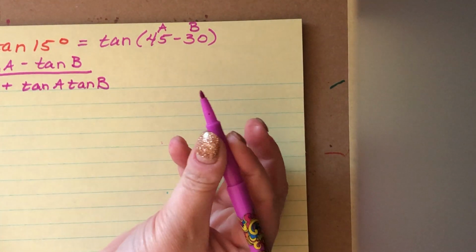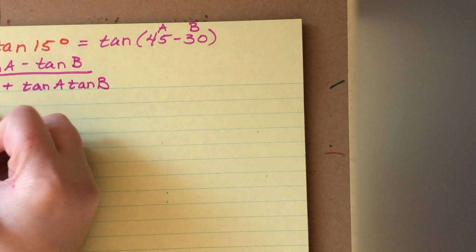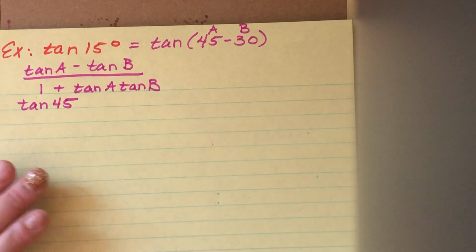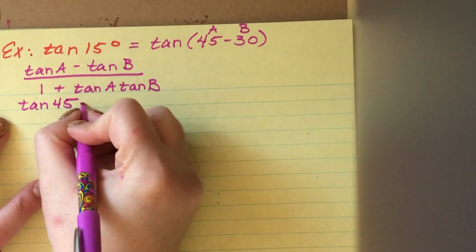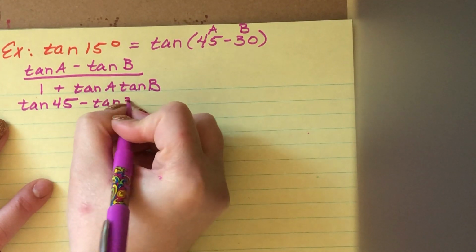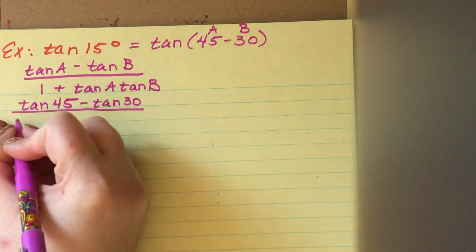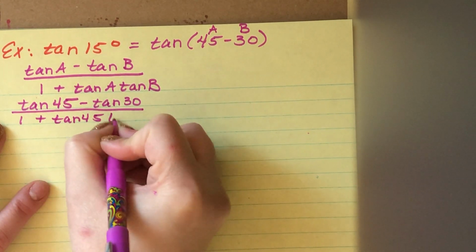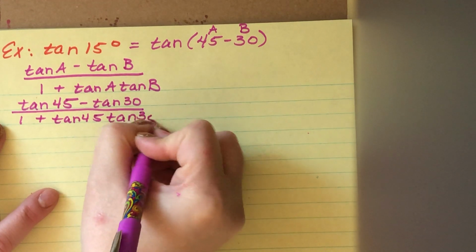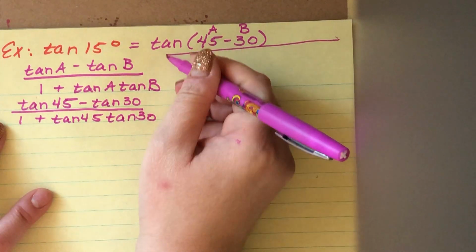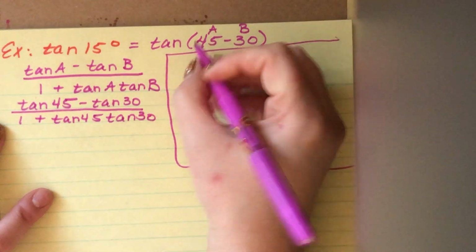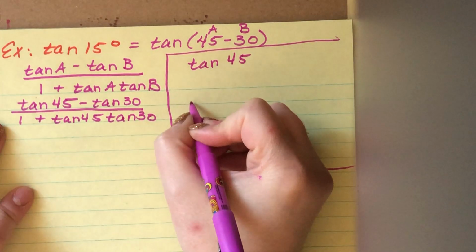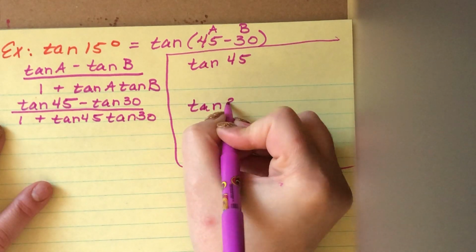And I'm just going to go ahead and plug in my numbers. So we're going to have tan 45 minus tan 30 all over 1 plus tan 45 tan 30. Okay, and out to the side, I'm just going to go ahead and find tan 45 and tan 30.